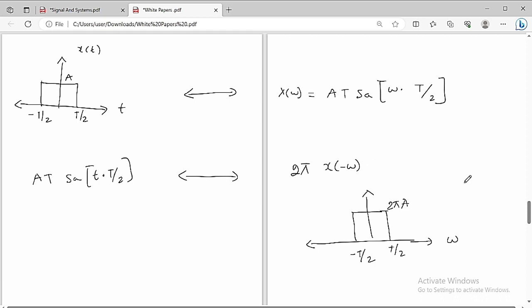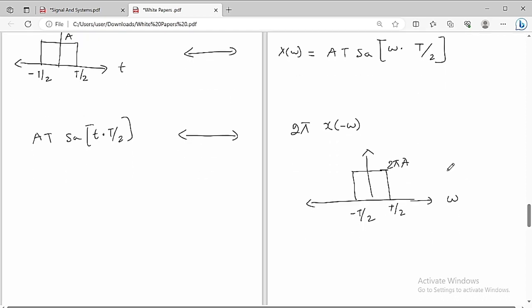Suppose I want this value. This is nothing but A T into Sa of p into T by 2. As I already told you, sinc of x is equal to Sa of pi x.